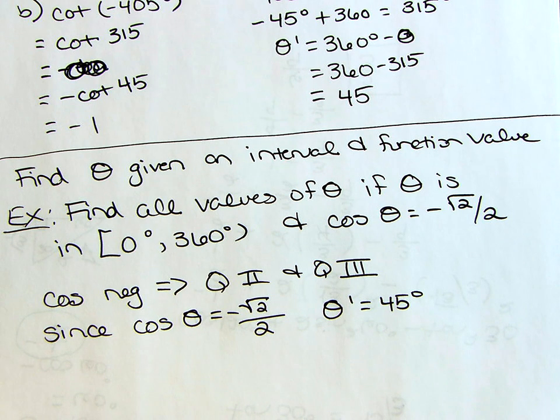So it said find all the values of theta. Okay, so what does that mean? Well, what we found was theta could lie in quadrant 2 or theta could lie in quadrant 3. So we're going to find 2 different values for theta, because we have to find the value when it lies in quad 2 and when it lies in quad 3. So I'm going to write quad 2.